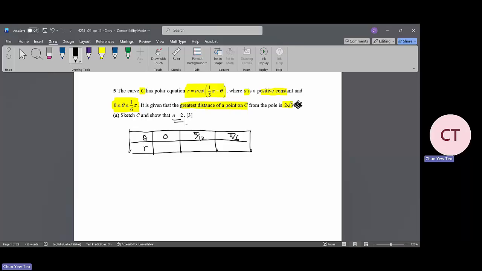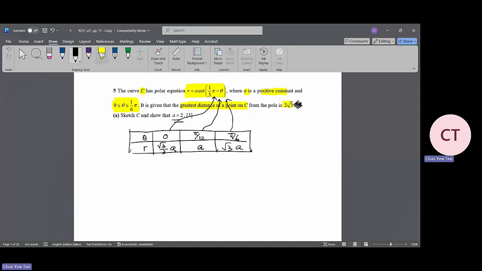So just use a calculator, put a 0 inside. You'll get a cot of pi over 3. A cot of pi over 3, if you convert to decimal, is actually root 3 over 3 a. Then this one, if you put it inside, you will get a, and this one will give root 3 a.